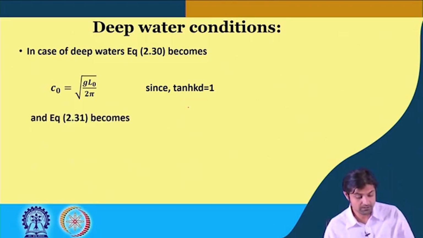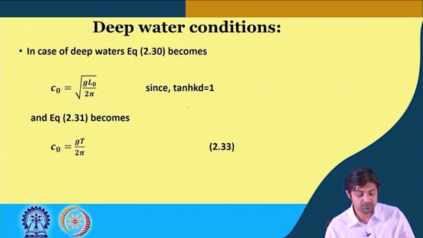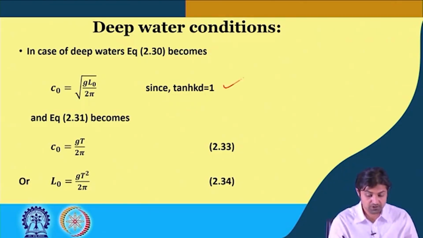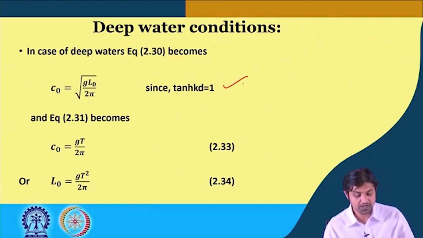And equation 2.31 was C naught becomes gT by 2 pi, or L naught can also be written using this equation as g by 2 pi T squared.